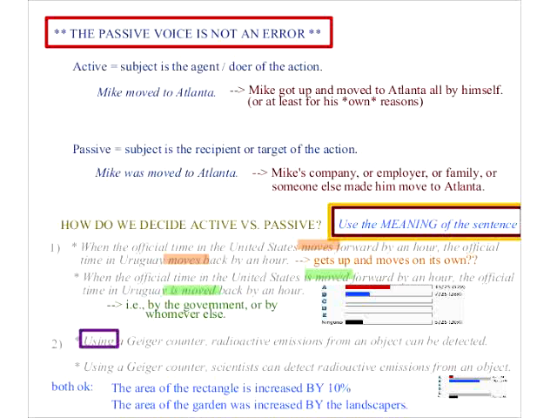This kind of modifier requires a subject following it, and you don't have one. So this implies that radioactive emissions are using a Geiger counter, which would be interesting to watch, but that can't happen.